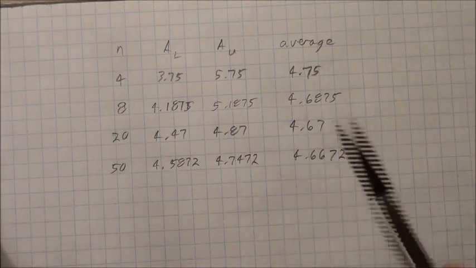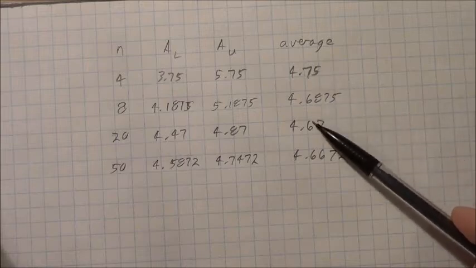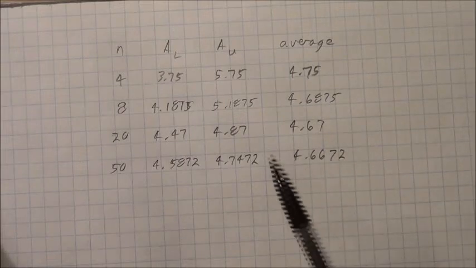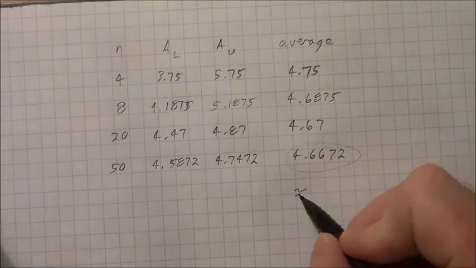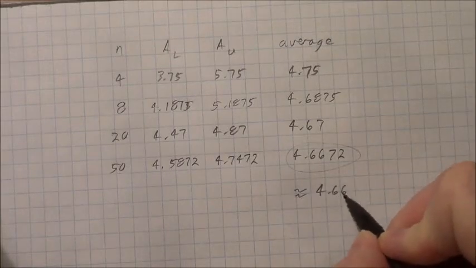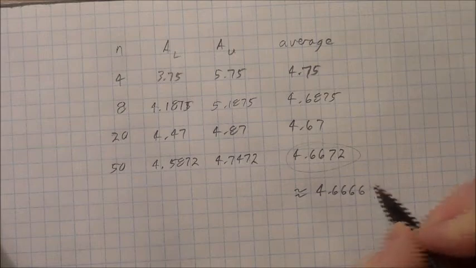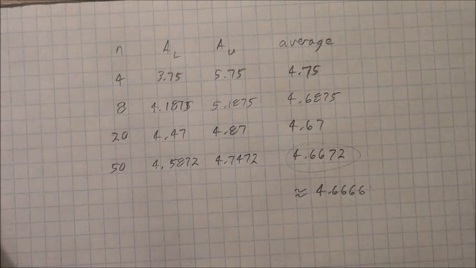So we can start to see that the average is starting to zero in on a value perhaps similar to 4.666, and so approximately 4.67 as you round it.